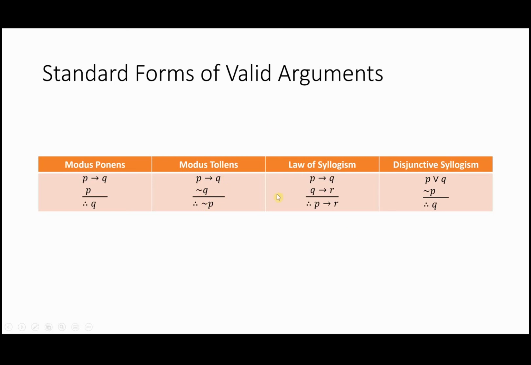Law of syllogism. This one's interesting because it takes into account a mechanism that hasn't been introduced in this course yet, but is coming up, which is basically like, what is that called now? It is escaping me. It's if A is equal to B and B is equal to C, then A is equal to C. It's the transitive property.